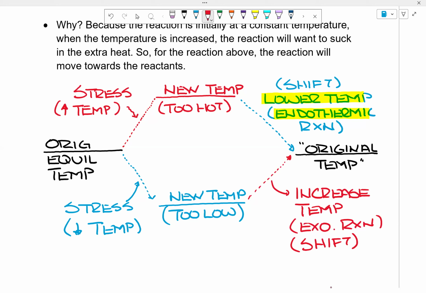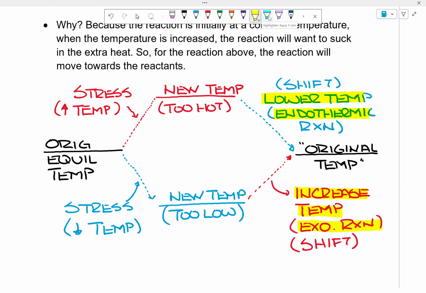All right, so when you increase the temperature, that is the exothermic reaction, because an exothermic reaction generates heat. So if we were to take the example of your household, let's say in the wintertime, it gets too cold.